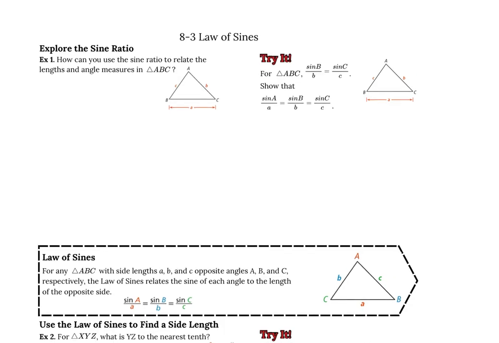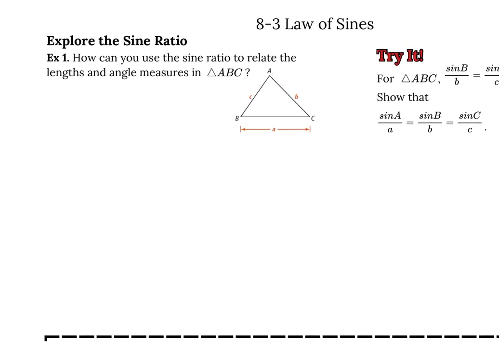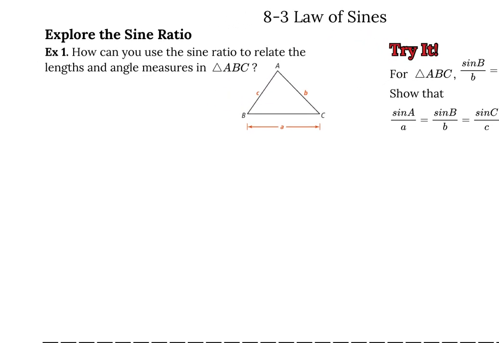So first, example 1: how can you use the sine ratio to relate the lengths and angle measures in triangle ABC? The first thing I want to do is drop down an altitude. It's going to form a 90-degree angle.